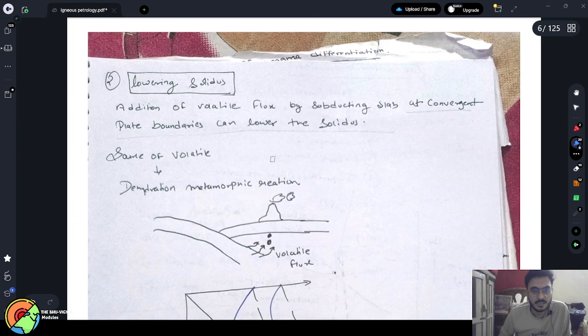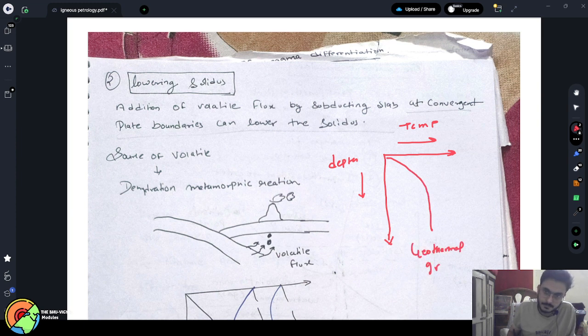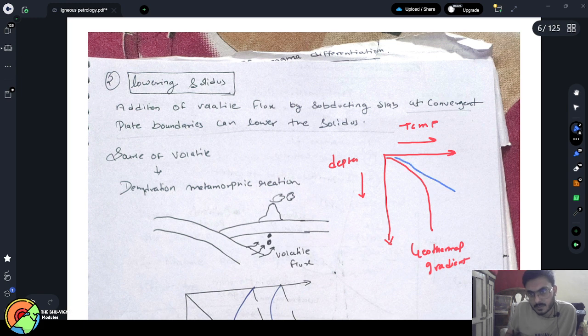Now the second thing which we can do: the graph was like that. This was our depth and here was the temperature, and here is our normal geothermal gradient. Now suppose this is the solidus here.